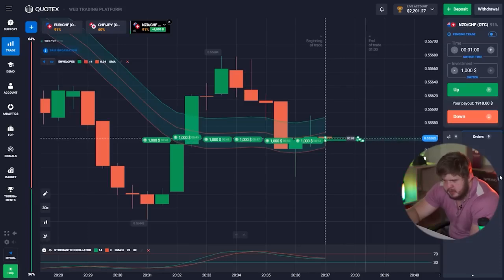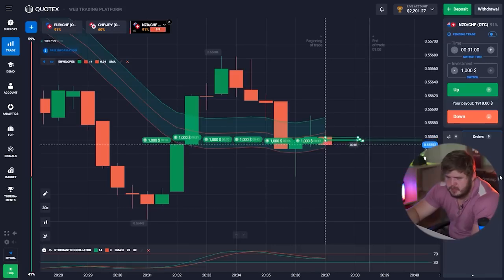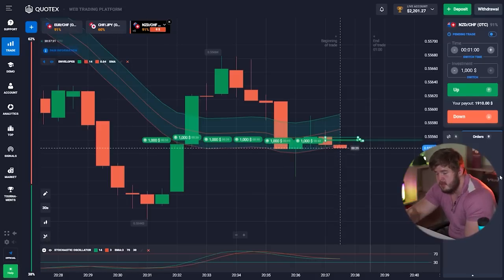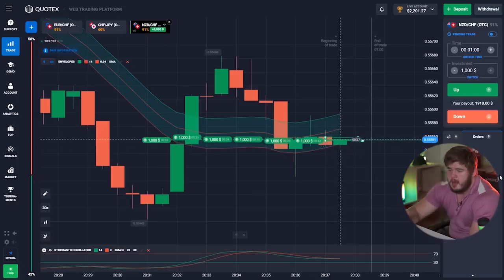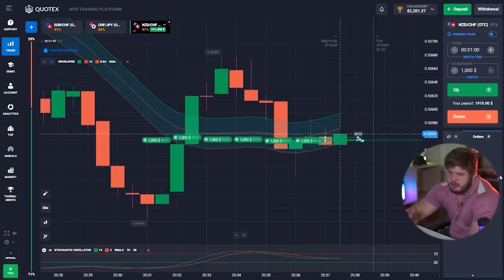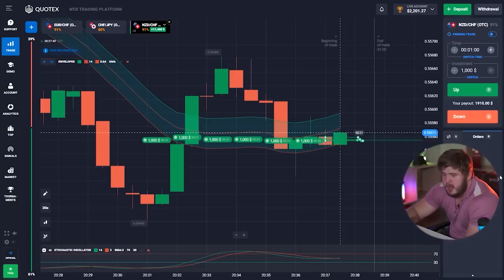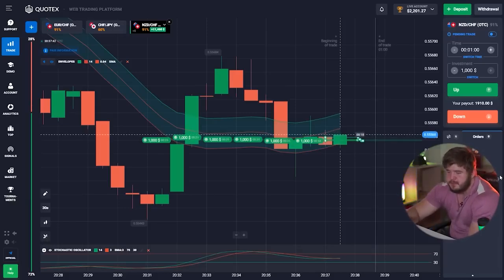This will be nice to see. So now we did it because we're at the bottom of the channel, and the price, as I told you at the beginning of the video, should go to the roof of the channel according to the envelope indicator strategy.